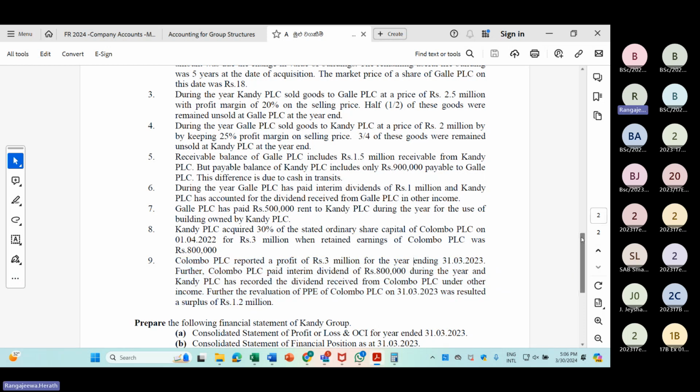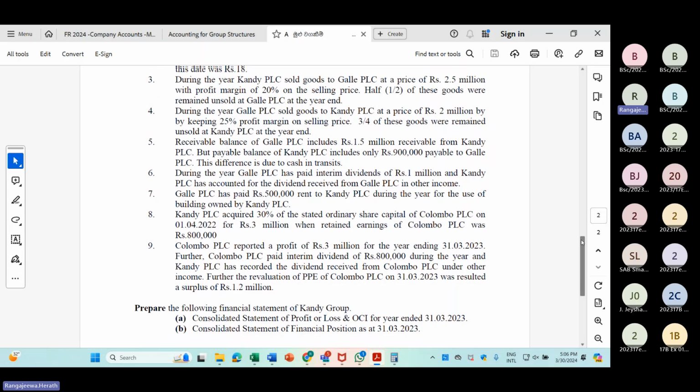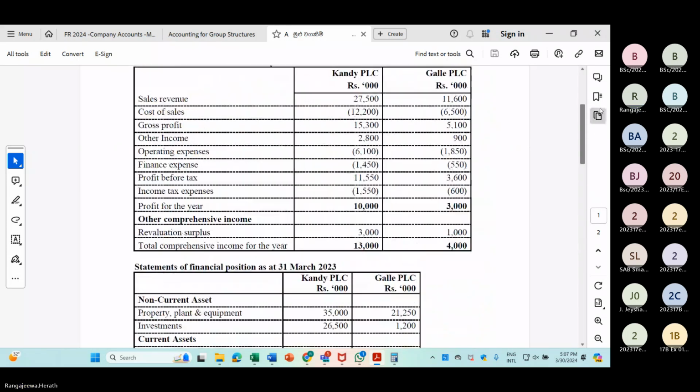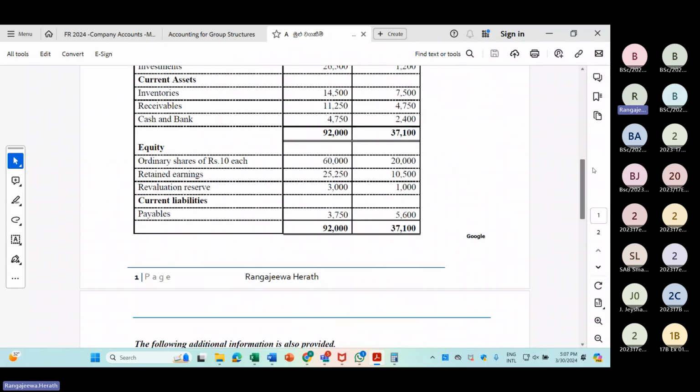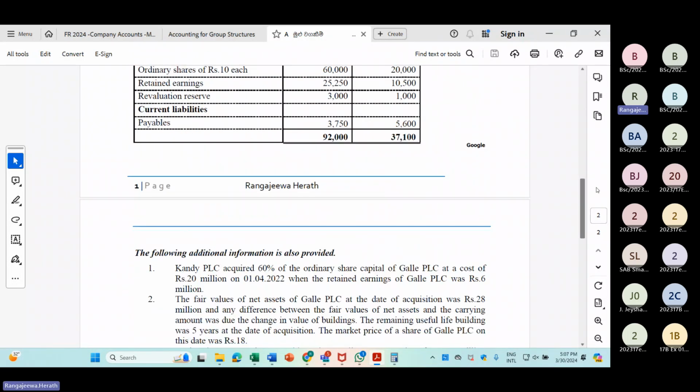Right. So this activity, if you can practice this one, right, this will cover most of the information adjustments.